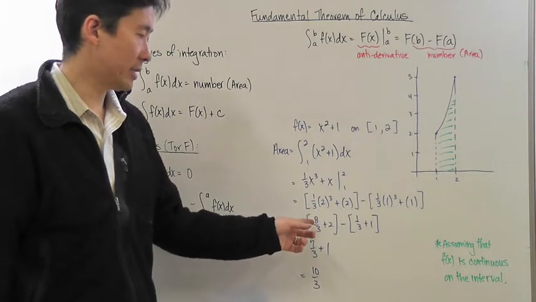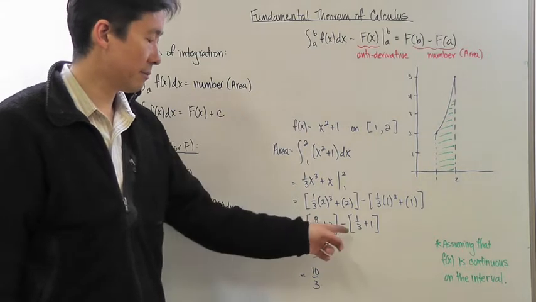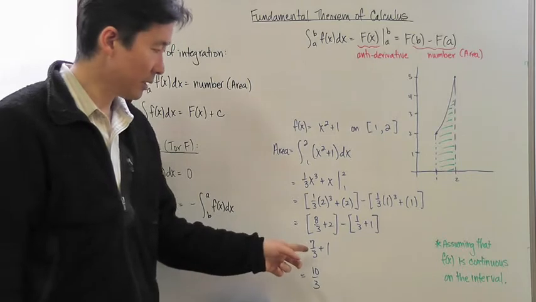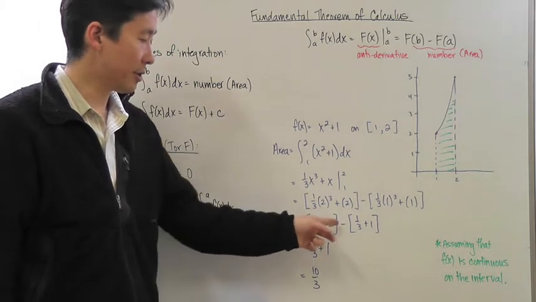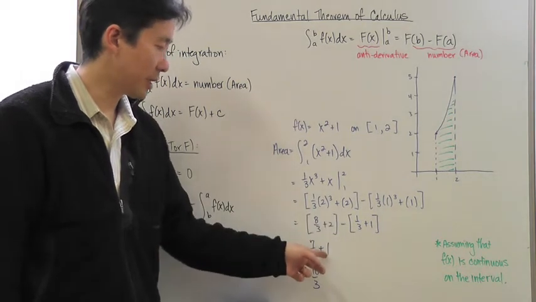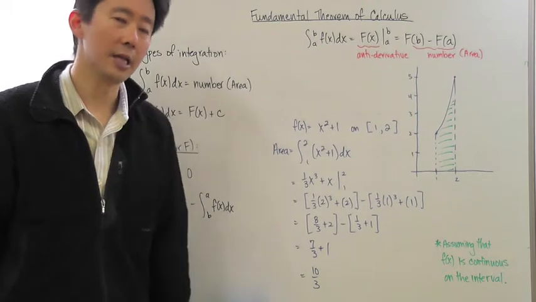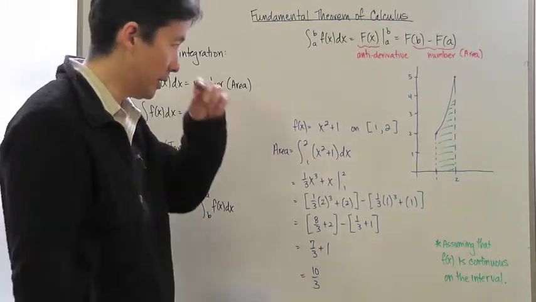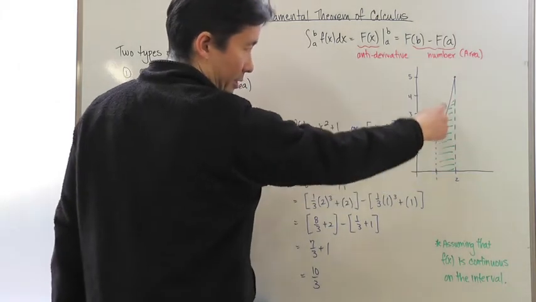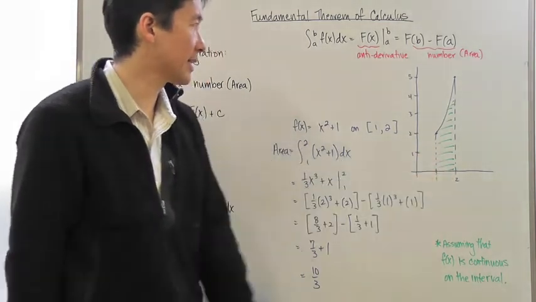Now I can simplify this further, and I get 8/3 plus 2 minus 1/3 plus 1. So 8/3 minus 1/3 is 7/3, and 2 minus 1 is 1, and if I add that together, I come up with 10/3. So 10/3 is actually the area under this curve, bounded by the two sides and the x-axis.